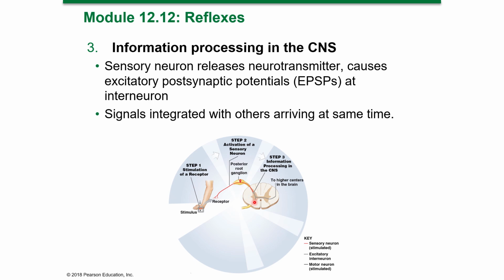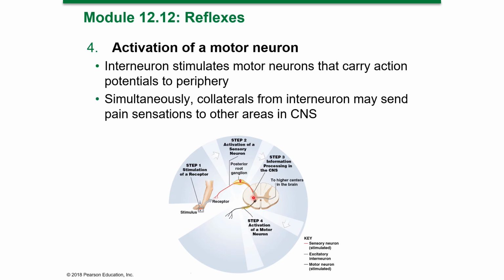Of course, the brain wants to be aware of all of what's happening, so part of the information will then be transmitted to the higher order processing centers of the brain. And then, of course, this will involve the activation of the motor neuron, which will then send an effector response or an efferent response.